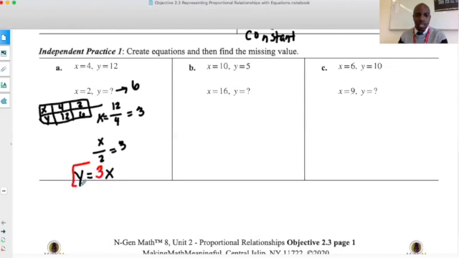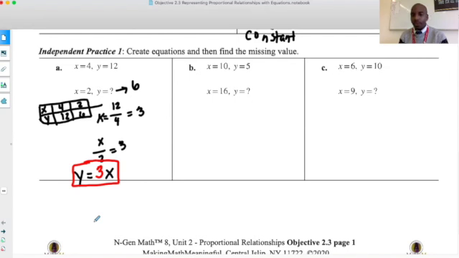So the equation that we would write is Y is equal to 3X. Notice we identified what Y was, and we were able to use a table form to figure out the missing value of Y, to figure out what K was, and then to also write this equation Y is equal to 3X.